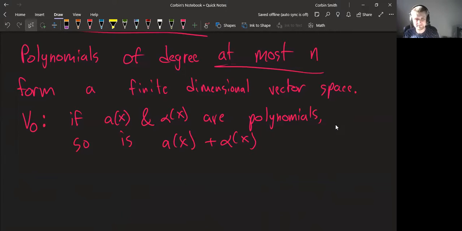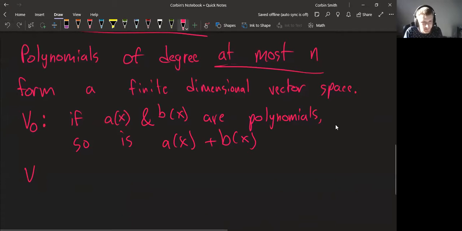I like doing it a of x plus b of x or alpha plus beta. I'm going to use b for a different polynomial later, but we can use b for now. That's fine.